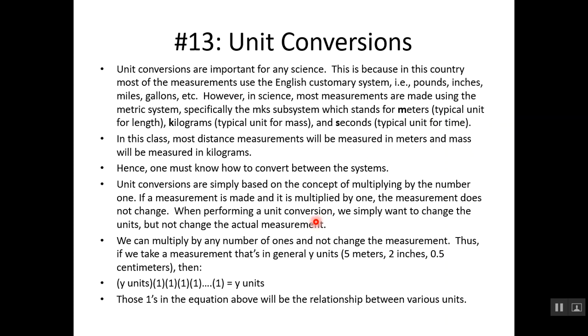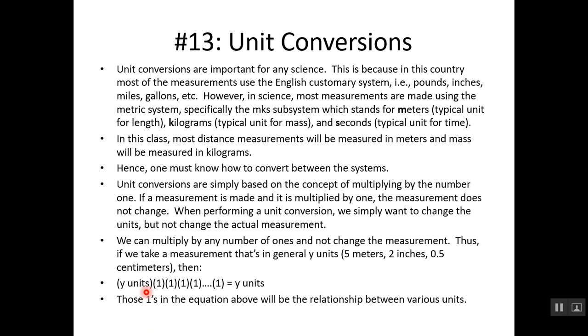Okay, so anyhow, we need to convert between one unit and another unit. I don't know if you ever thought about it, but when you convert units, what you want to do is just convert the unit. You don't want to change the measurement. So if this room is 50 feet wide, I don't know what it is, but I'm just saying it's 50 feet wide, and you want to convert it to meters, you don't want to make it longer or shorter. You just convert it to meters.